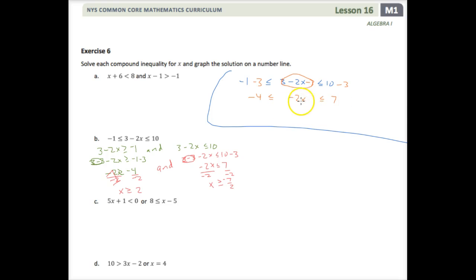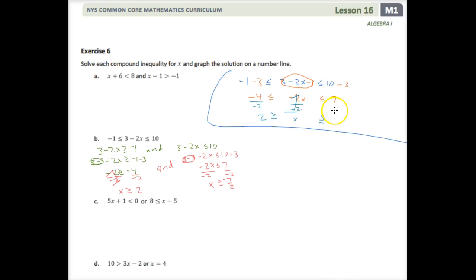Now I want to get rid of that negative 2 that's blocking things up. So negative 2, and that negative is a switcher. That negative says I've got to switch everything. This is going to make this opposite in sign. It's going to be positive. So is all of this. I have to change everything to its opposite. So we're going to have x here. I've got to take care of negative 2 over here, which is 2.